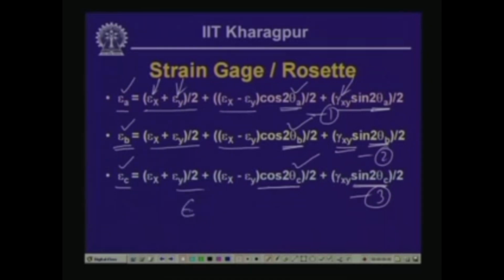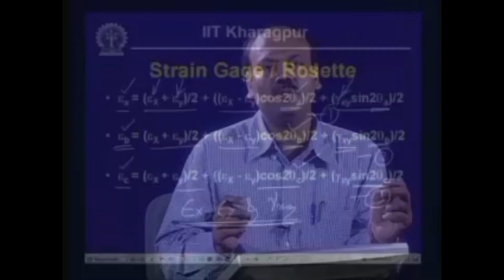So, once we know epsilon x, epsilon y and gamma xy, then using these three quantities we can evaluate the strain at any orientation as we desire, as we have seen, either using the transformation equation or using the Mohr circle, or we can even evaluate the principal strains and consequently the principal stresses from the material properties.